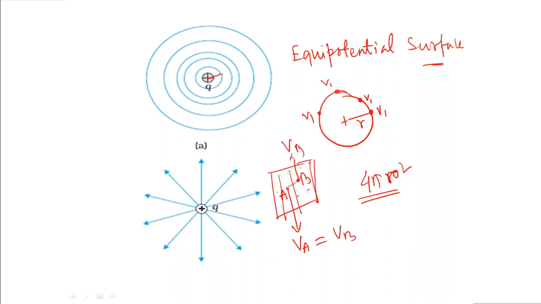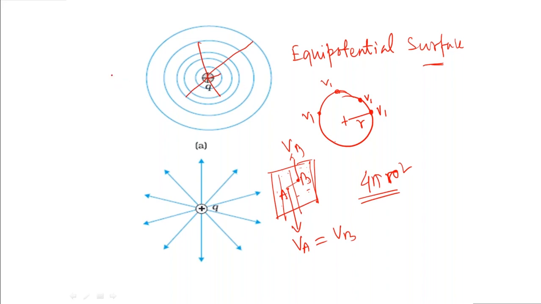This is one equipotential surface, this is another, this is another, and this is the last one. So these are concentric circles, or sorry, spheres.